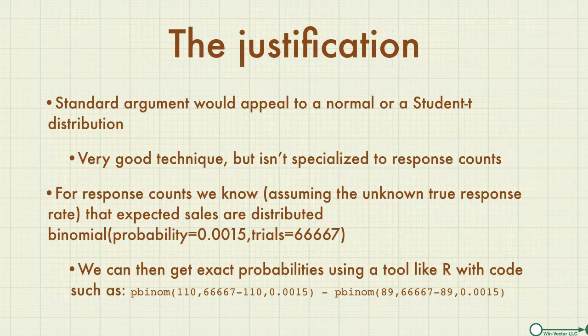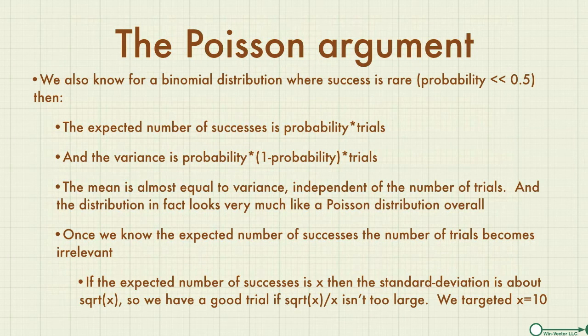This argument can be done in a normal or student T type argument, or even by directly calling R's binomial code to get how much mass is outside of a range in question. However, the reasoning comes from something called the Poisson paradigm. Basically, count-like distributions look like Poisson distributions. The Poisson distribution measures things like the number of ticks detected by a radiation detector.